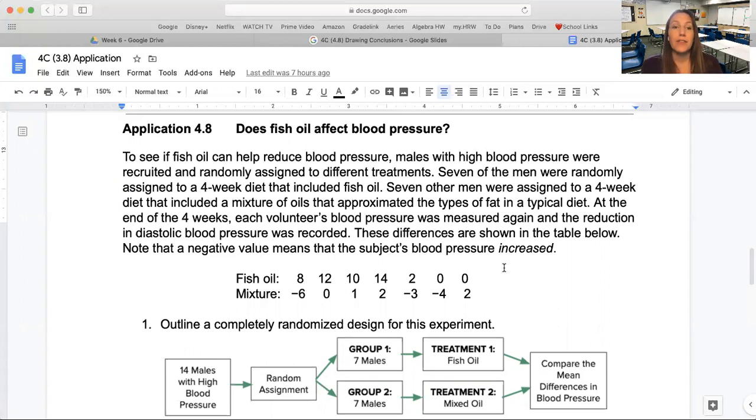At the end of the 4 weeks, each volunteer's blood pressure was measured again, and the reduction in diastolic blood pressure was recorded. The differences are shown in the table below. Note that a negative value means the subject's blood pressure increased.